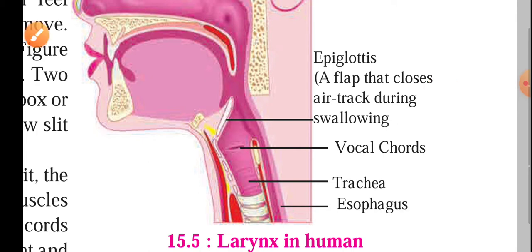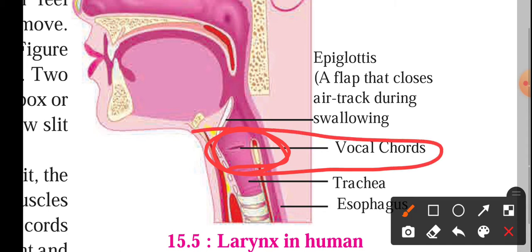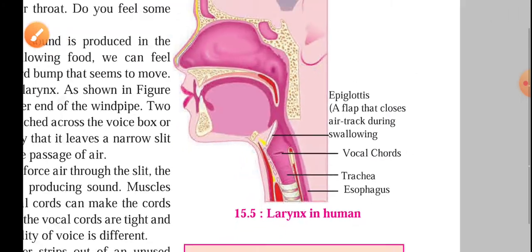Behind the trachea we have the esophagus. Now this vocal cord is a part of the human body which produces various sounds.